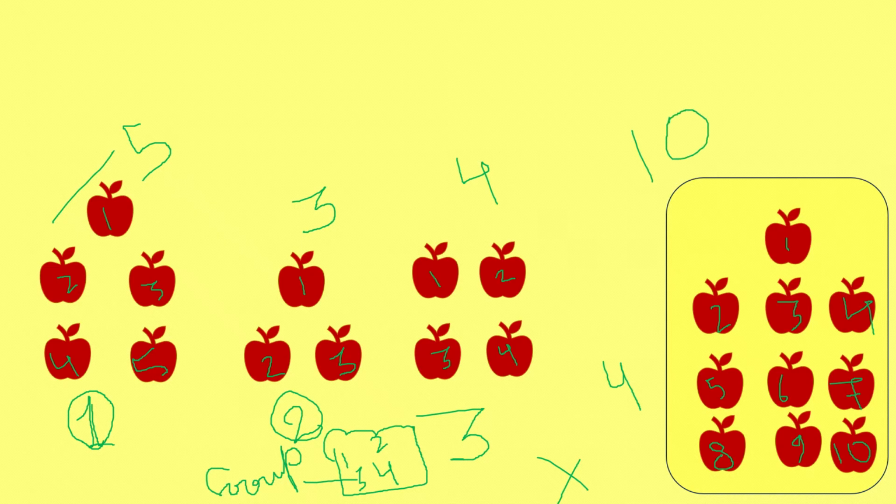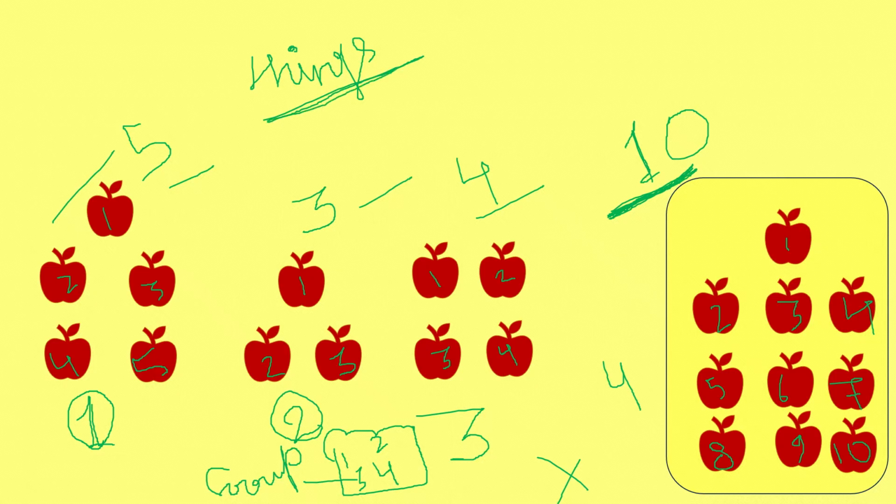Each number here, like 5, 3, 4, 10, represents a specific object, or rather a thing. Remember, it's things, when we don't put any object's name.